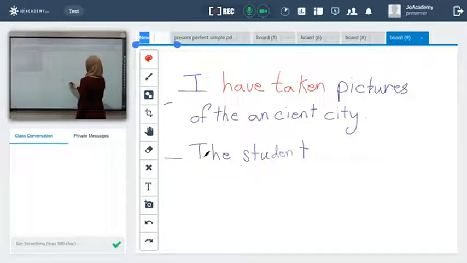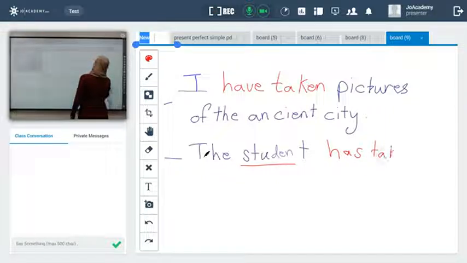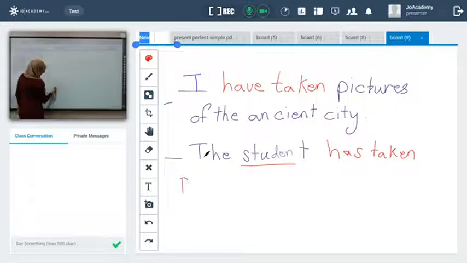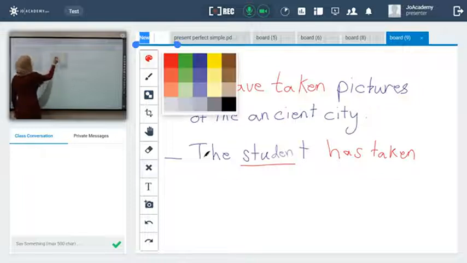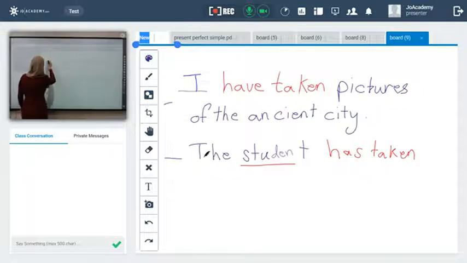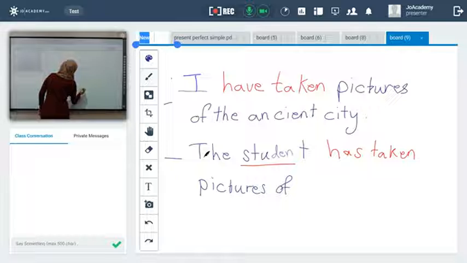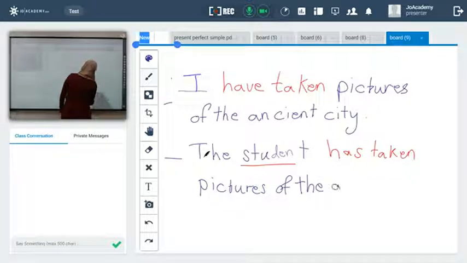Very good. The student has taken pictures of the ancient city.